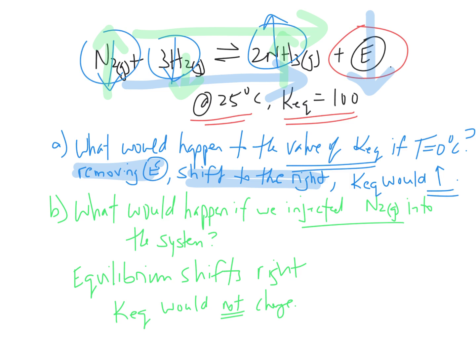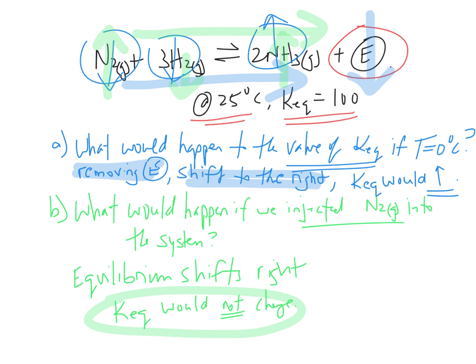And so those offsetting changes, the knock-on effect according to Le Chatelier's principle, would help keep K equilibrium at a constant value for all changes other than if we changed temperature.